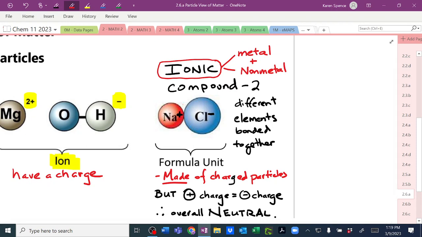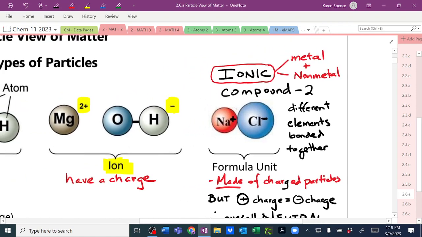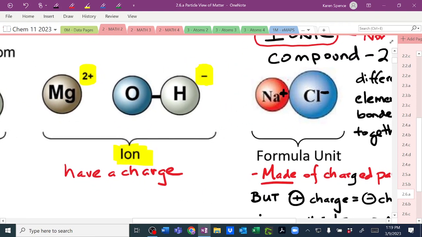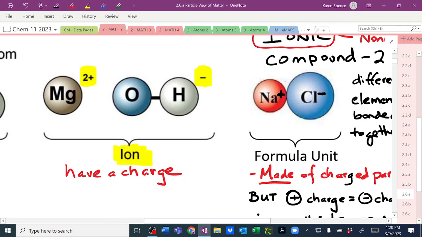How else could you guess, if you didn't know that it was a metal and a non-metal, from this picture, how could you guess that it is an ionic compound? Well, let's go back and take a look at our ions. What do you see about the ions? They have a positive charge or a negative charge.